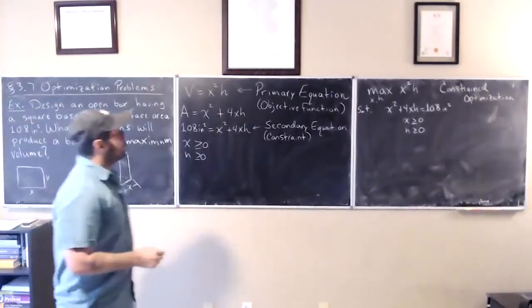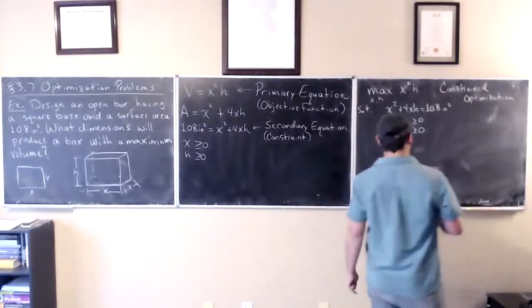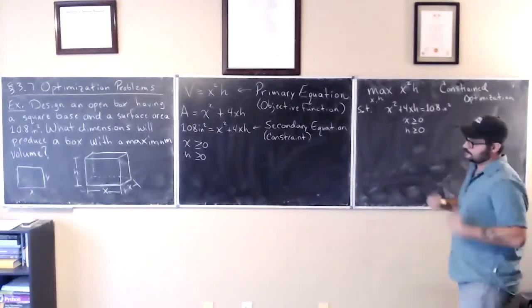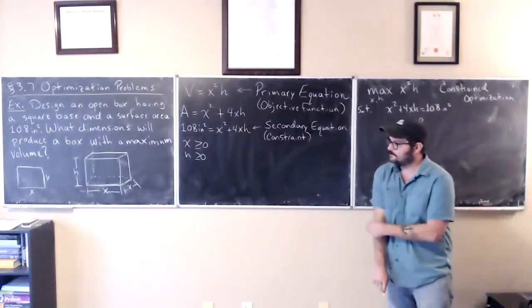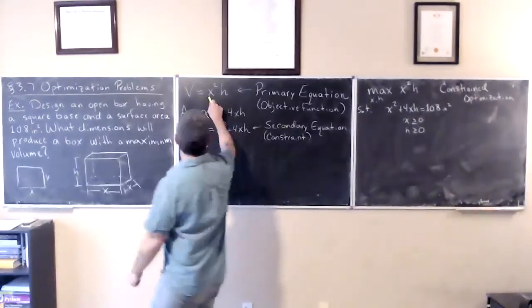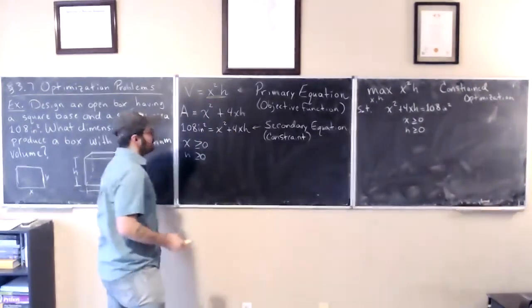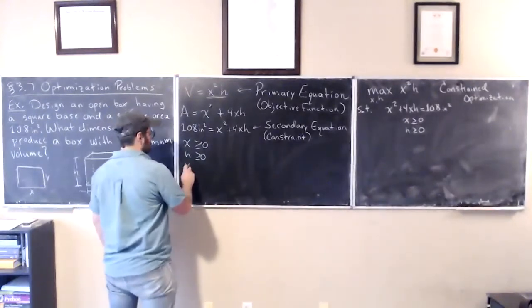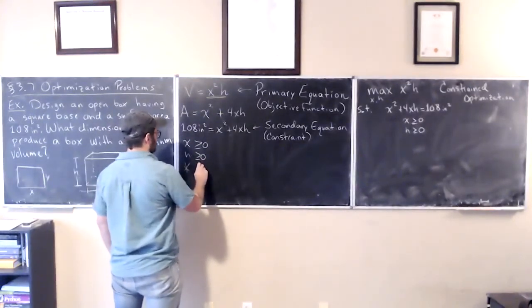Okay, so when solving this problem, since we only know how to deal with optimizing functions of a single variable, notice that there's two variables here. So I would say the first thing that we should do is answer the following question.